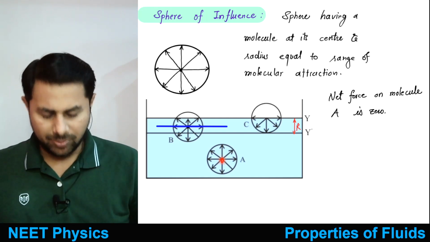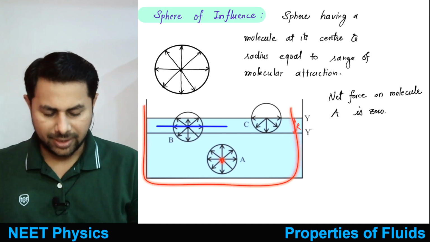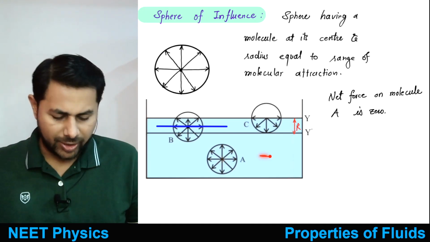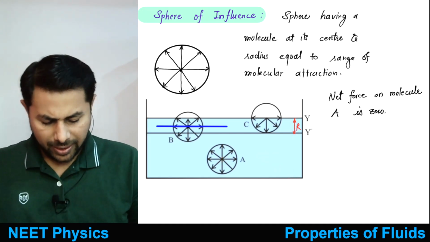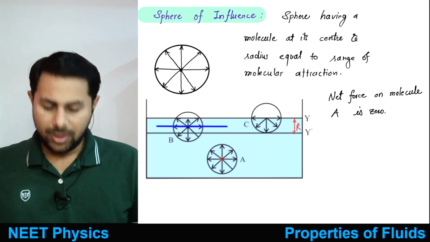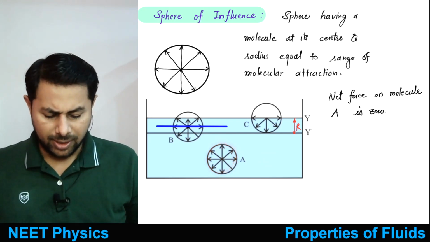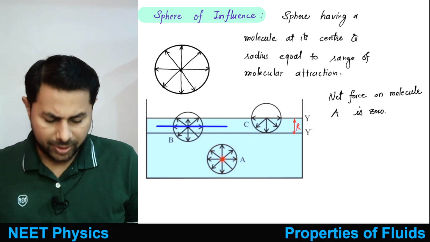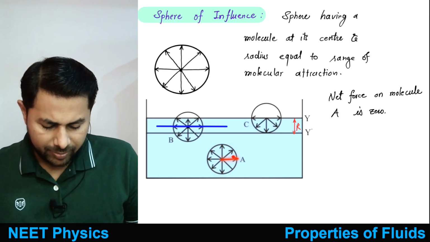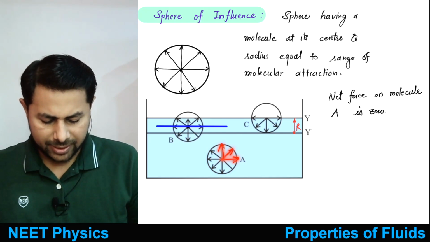Now consider this molecule which is well inside the liquid. So this is some water in a container and this is molecule A, for example. Now draw the sphere of influence for this molecule. It gets attracted from this side, this side, this side, this side.